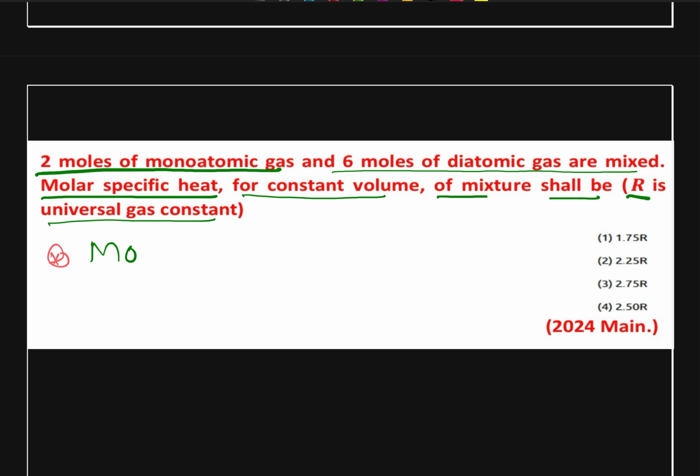So we can write that for monatomic gas, you can say that C of V, let us call this CV of 1, will be equal to 3 by 2 times R, and number of moles, let us call this N1, which is given as 2.